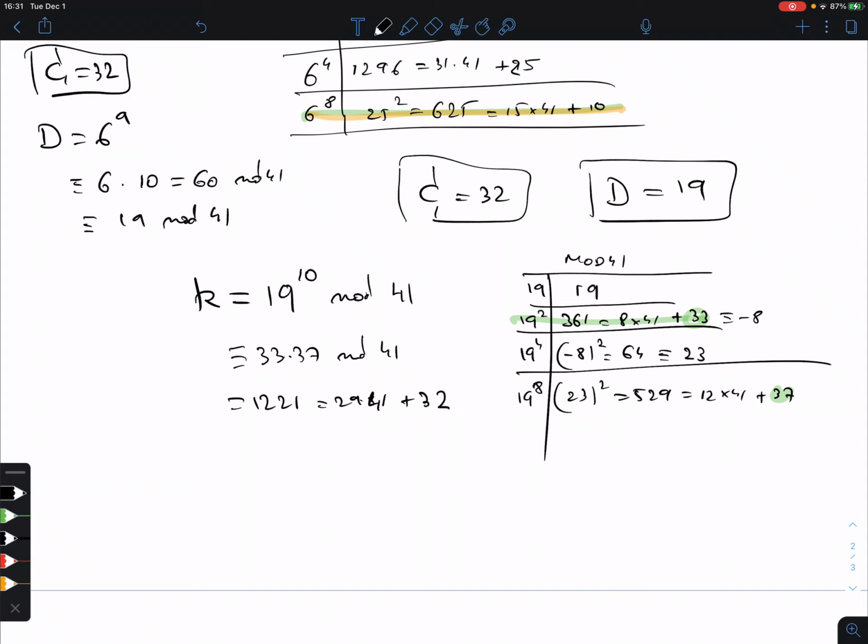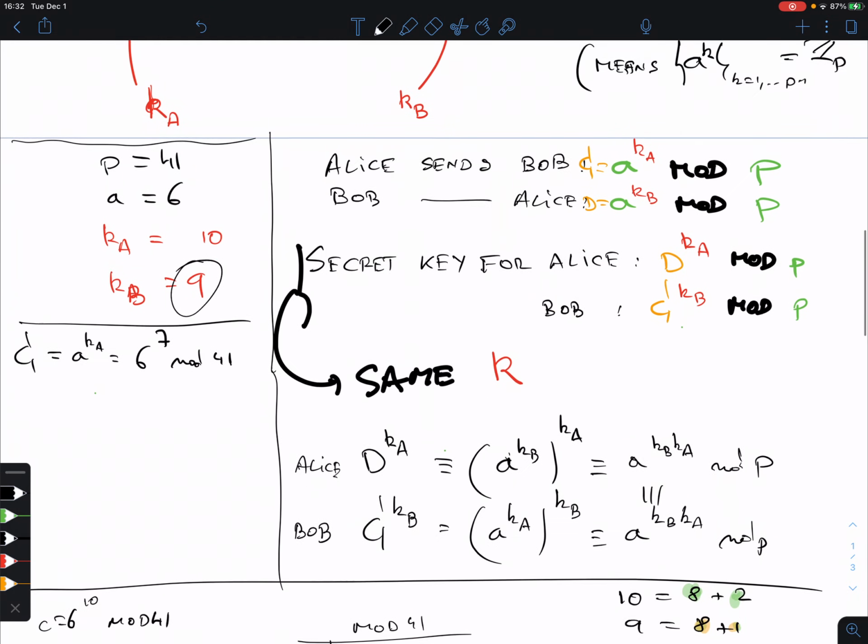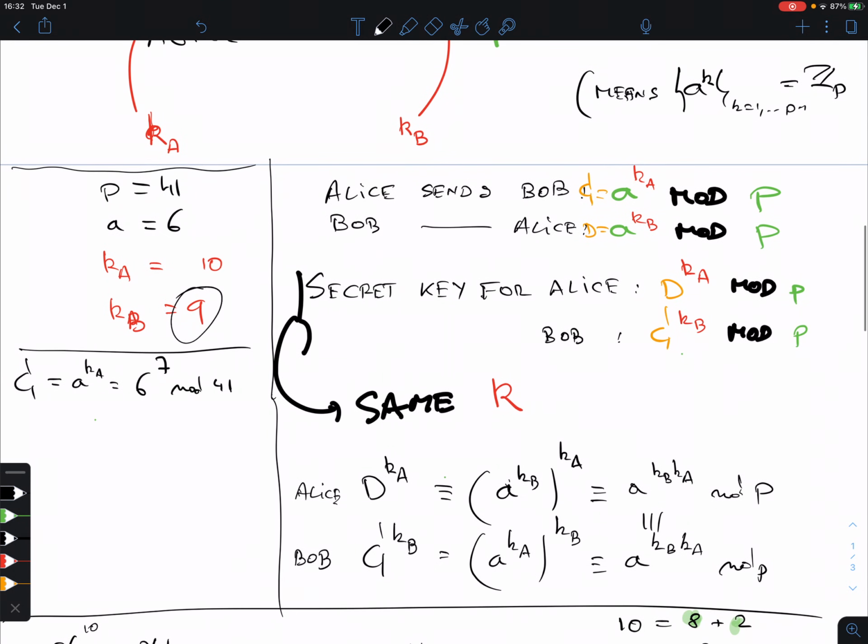But okay, let's see. What I need to check now, what I did was I took 19 to the power 10. But this should also be the same as taking 32, namely the thing that Bob receives and which he puts then to his secret power.